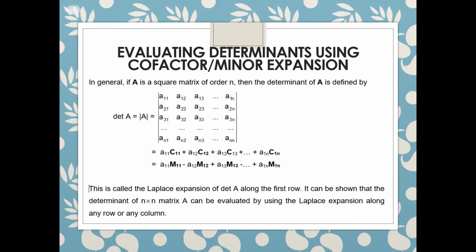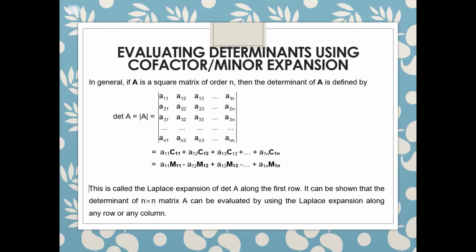Take note that if you use minor, the sign alternates from plus, minus, and so on. This is called the Laplace expansion of determinant A along the first row.